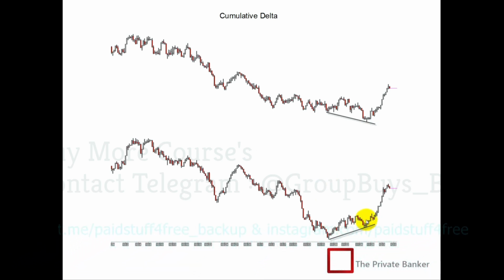Price made a lower low, but delta did not. That just meant that buyers absorbed these lower prices as well. So it's a little opposite of what we just looked at, but it means the same thing. And again, it's a good heads up that there's potentially a strong reversal about to occur. Sure enough, since that point, this market has traded much higher.